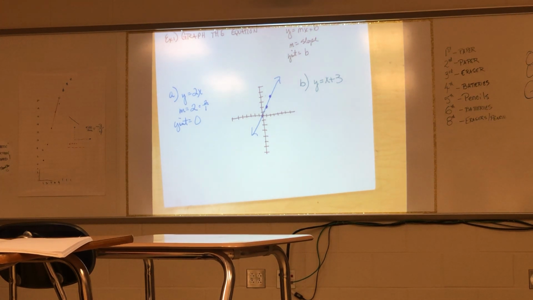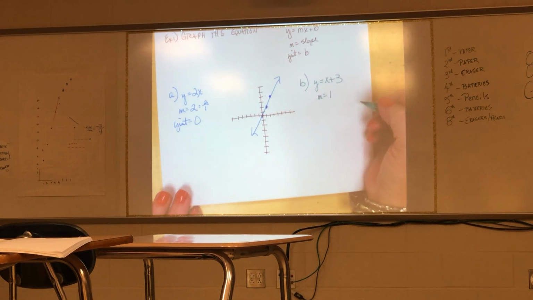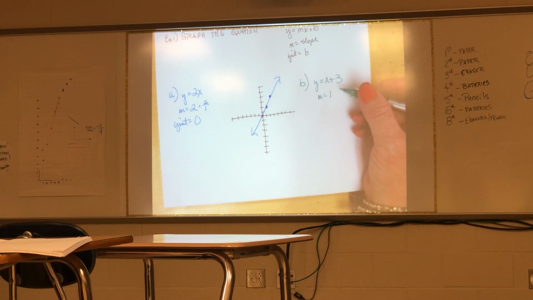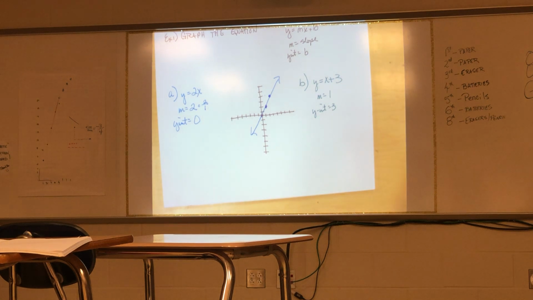Okay, you got it? Everybody okay? Tell me what you got for your slope. 1. Very good. The number in front of x, and it doesn't have to be written there, is a 1. What's my y-intercept? 3. So which one do I do first?